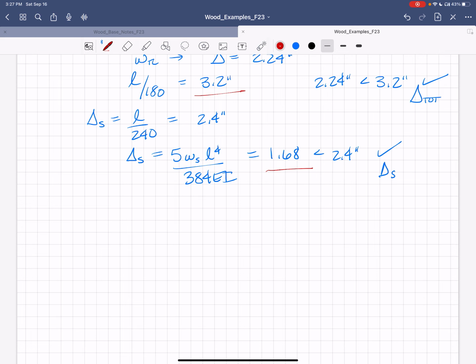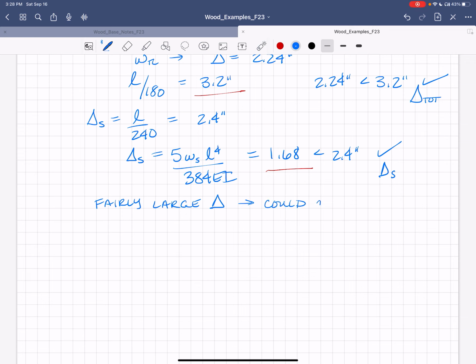So one of the things we could do, these are fairly high, fairly large deflections. It's because it's a large, long beam. We aren't looking at any specifics. So let's say this is a beam. It's got some sensitive items on it, plaster or something that might crack. I might have a different requirement here.